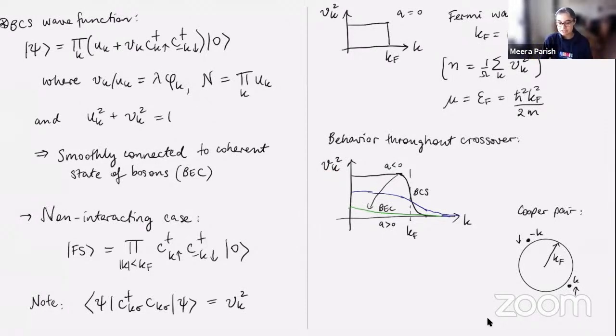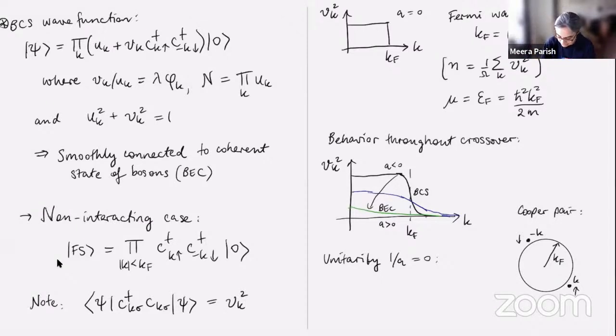What is special about that point, though, is the so-called unitarity regime. So you're wondering about unitarity, which is where 1 over A equals 0, so A diverges. Now suddenly the length scale for your interaction drops out of the problem. This is what's often called a universal regime, because now your energy or thermodynamics only depend on the scale set by the Fermi gas.